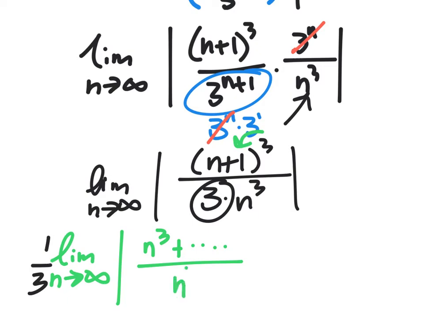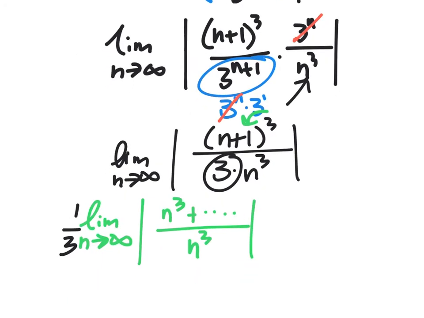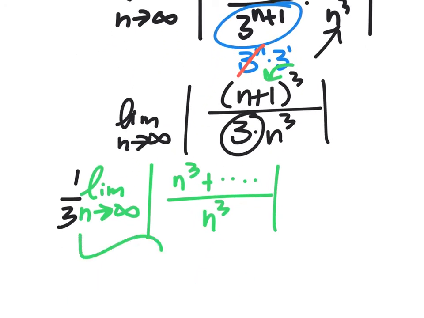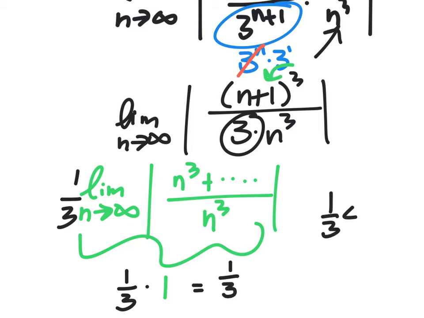Down in the bottom, I'd have an n cubed. What will that limit go to? This will go to 1. And therefore, the limit of all of that goes to 1/3. Is 1/3 less than 1? The answer to that is yes.